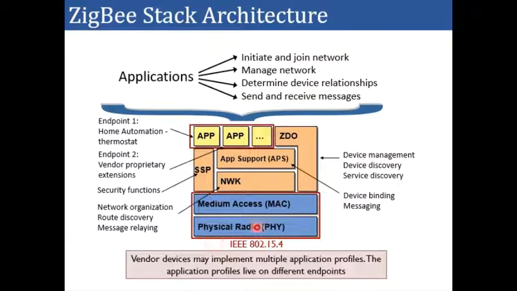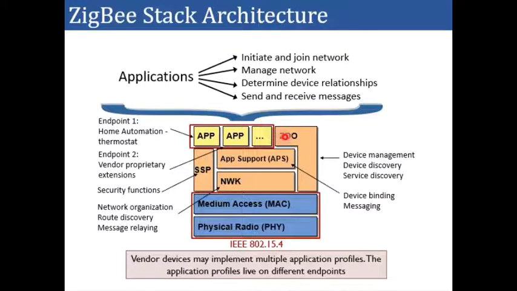So base will be 802.15.4. On top of that, the brown ones are the layers which are being provided by the Zigbee stack. So security specific layer, network layer, application support layer, and Zigbee device objects are the layers which are being offered by the Zigbee stack.